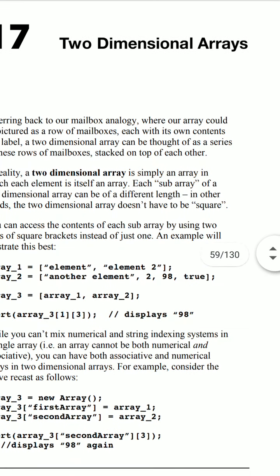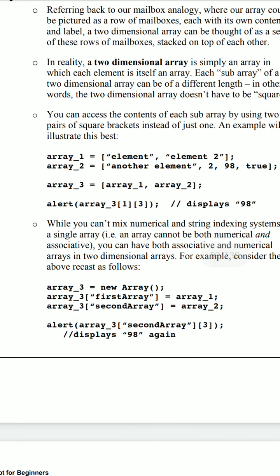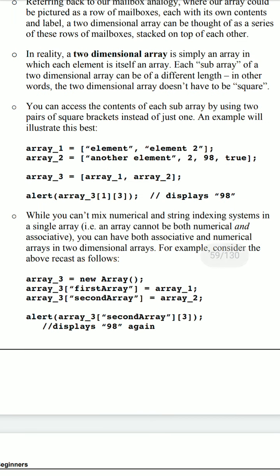Okay, now we will see how to write a two-dimensional array in JavaScript. So first we have to write array 1 in one square bracket, and the other array in another square bracket, and then if you want to concatenate, you can write like this.